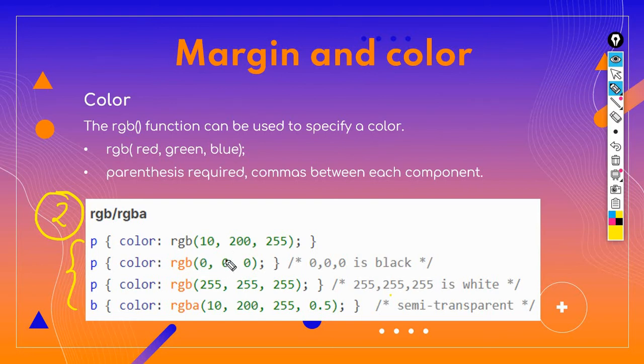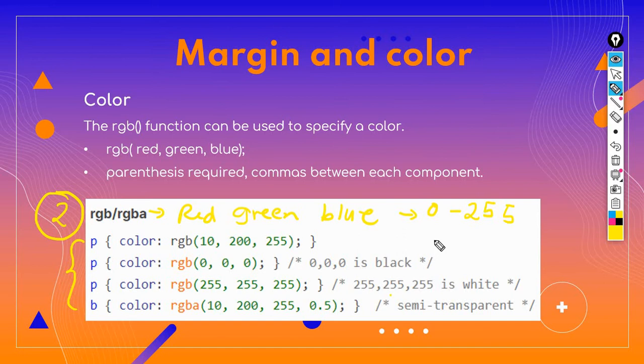Generally, any color on a computer is exactly specified by mixing 3 components together. So these are red, green, and blue. So RGB. The amount of each component falls within a range of 0 to 255.